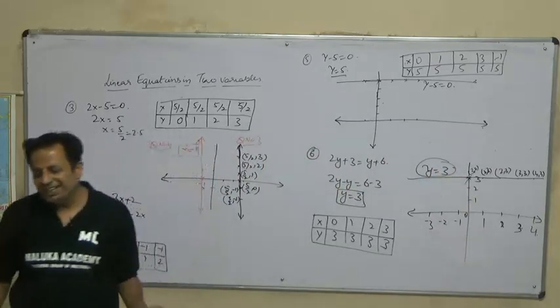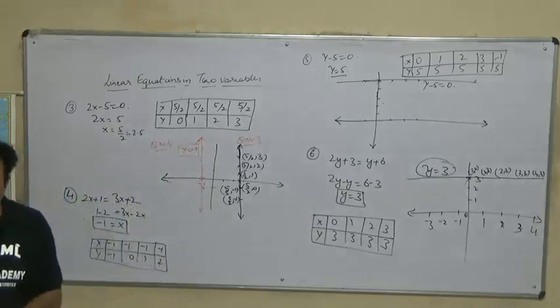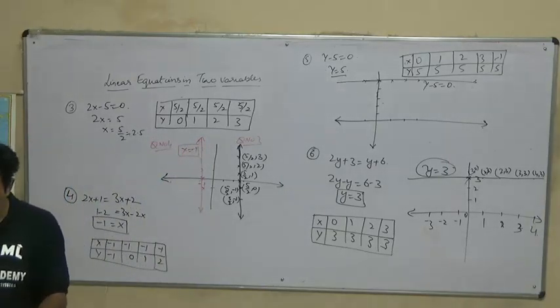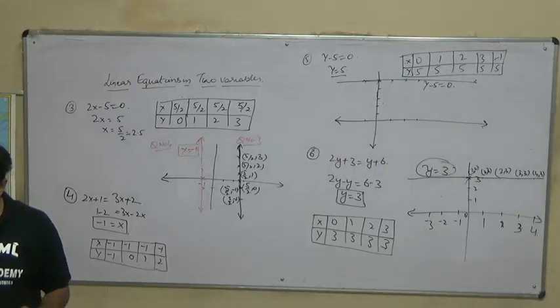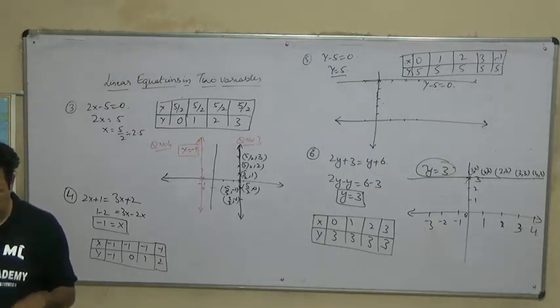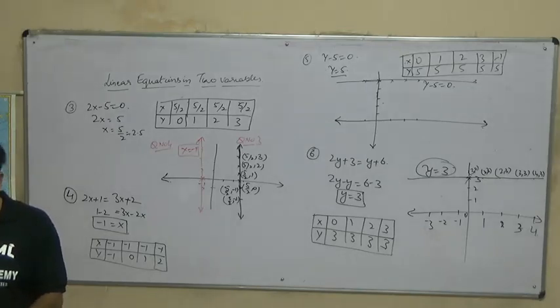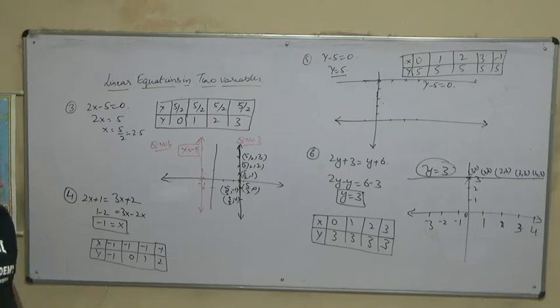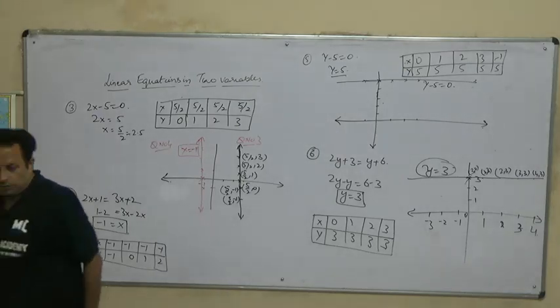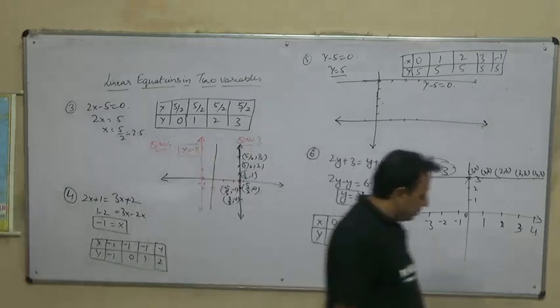So you look that it is very easy to plot the graph of a linear equation in one variable. Now we will be generating the graph of a linear equation in two variables.